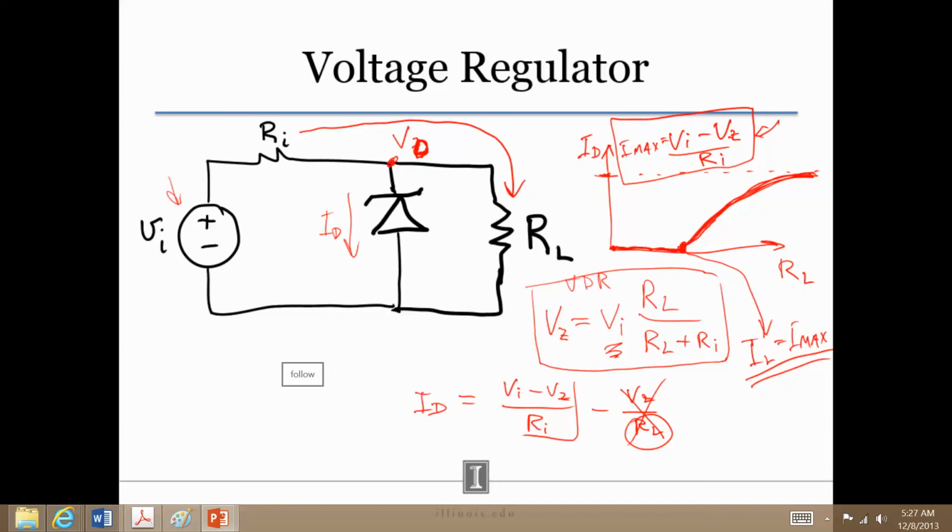The Zener diode serves as some sort of a ballast that takes the excess current when the load resistance is large, and then as load resistance gets smaller and smaller, the current through the Zener diode decreases as the current through the load resistor increases, and the current through the load resistor can increase up to this maximum value that we've derived here, which is just V in minus V Zener divided by Ri.